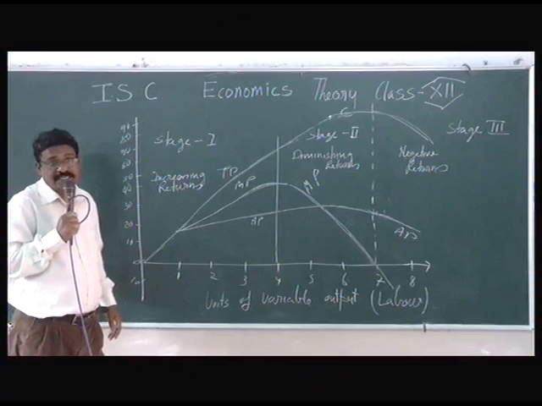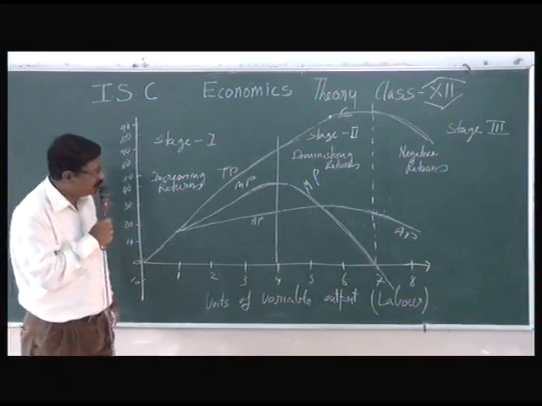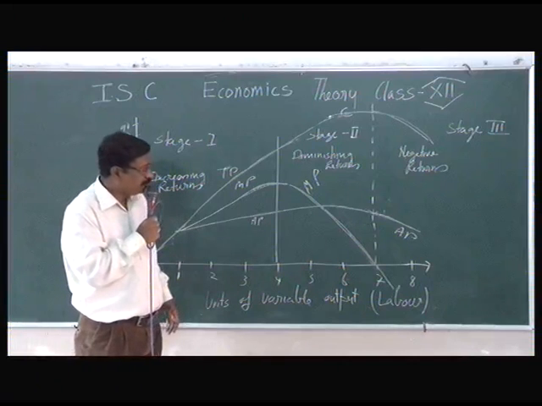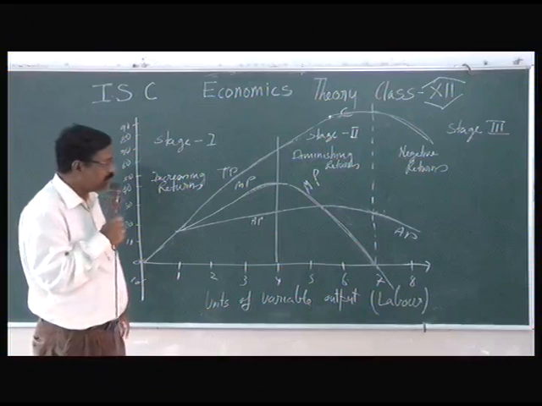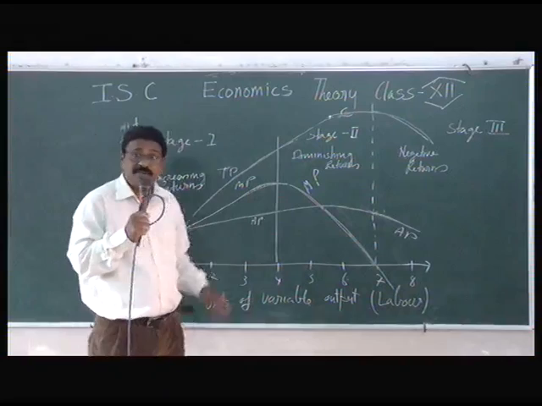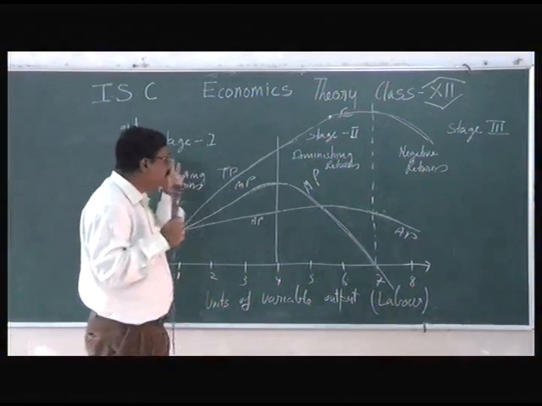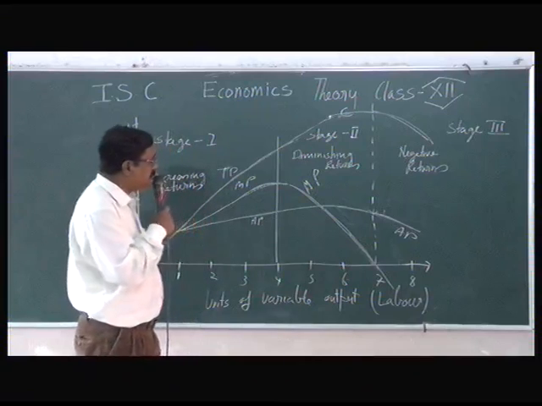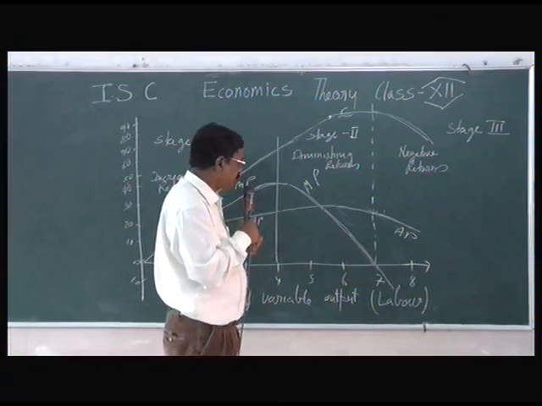Then where does stage 1 end? Stage 1 ends when MP is maximum. Then starts diminishing returns. It is giving you returns, but it is giving you diminishing returns, in the sense MP is also falling.